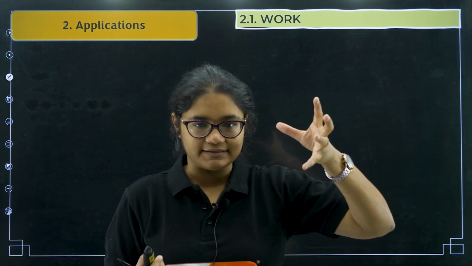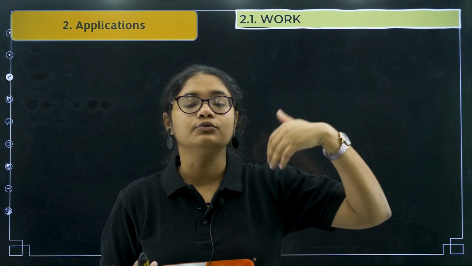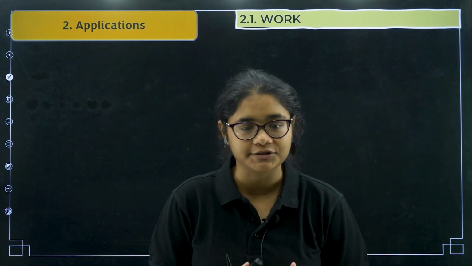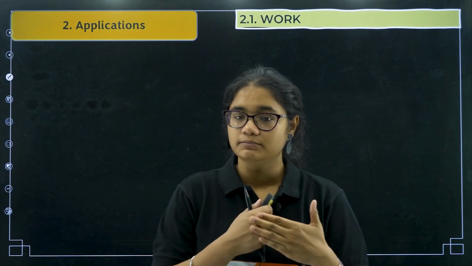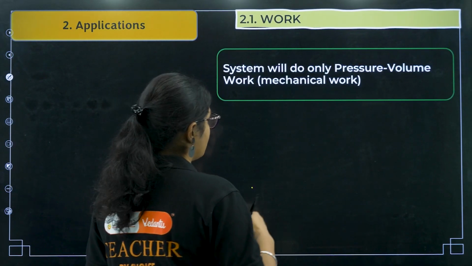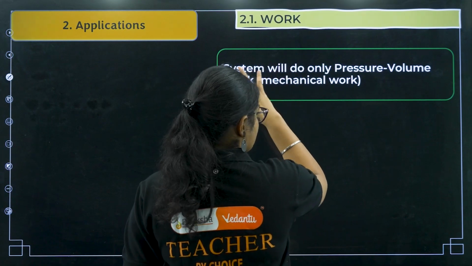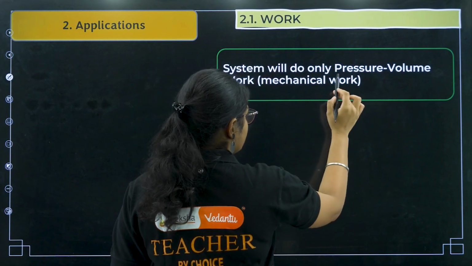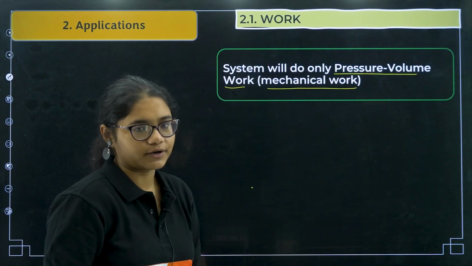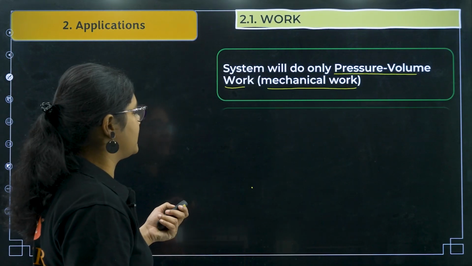So these gases can be used to do some work. The gases produced in chemical reactions can be used for doing various types of work. In this case, whatever gases are produced can do only pressure volume work, or we consider them as mechanical work.